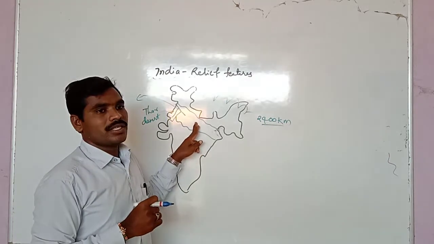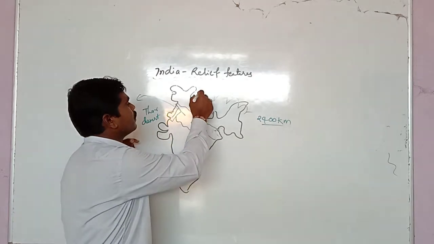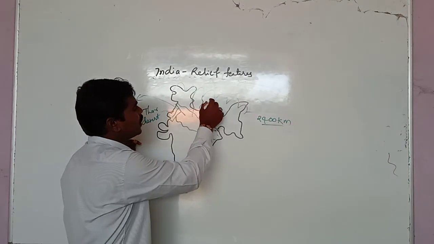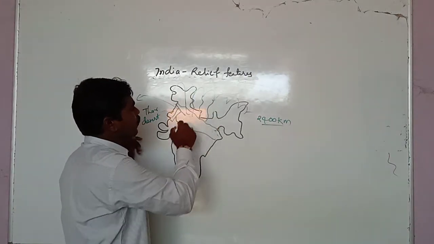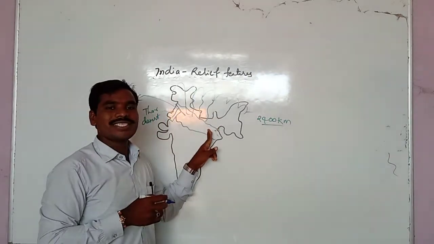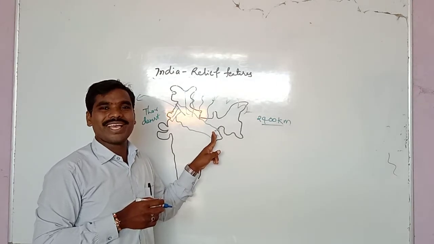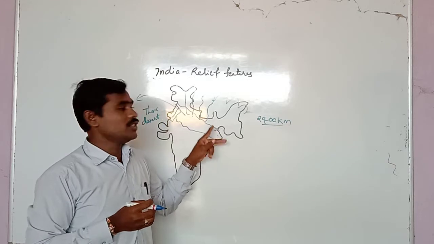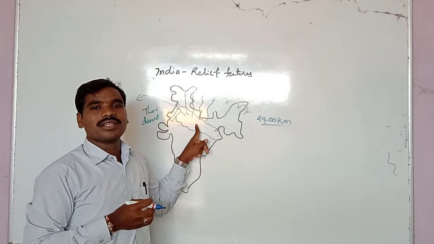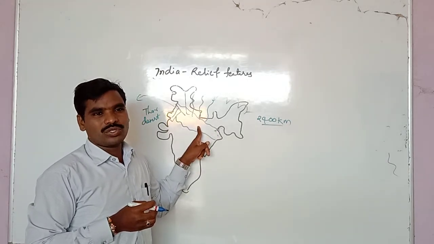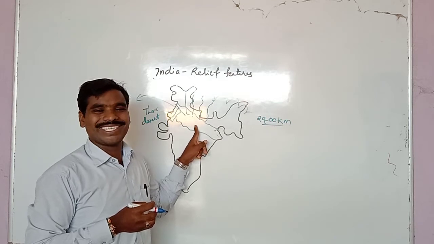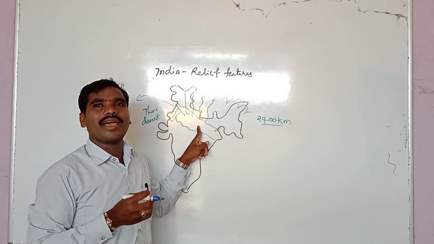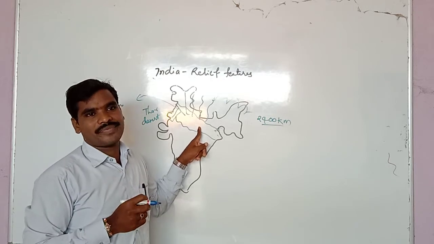Here, the rivers coming from the Himalayan mountains flow in this area and form fertile plains. These fertile plains are called the northern plain. This is one of the greatest fertile lands in our India, very well known for the richest crops in our India.